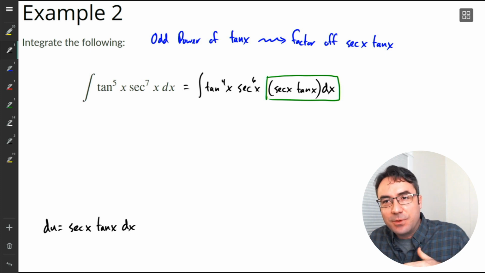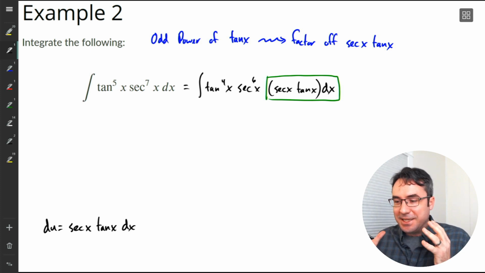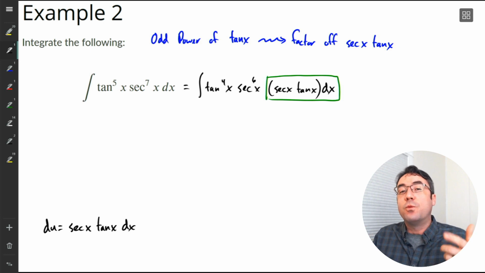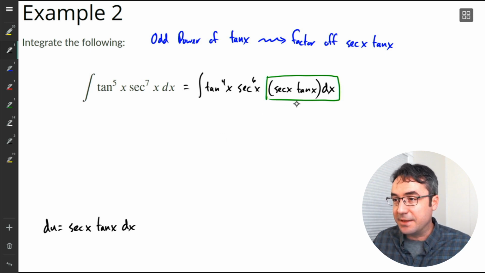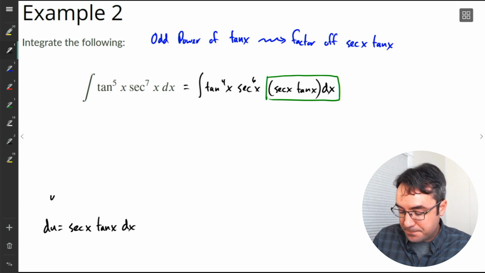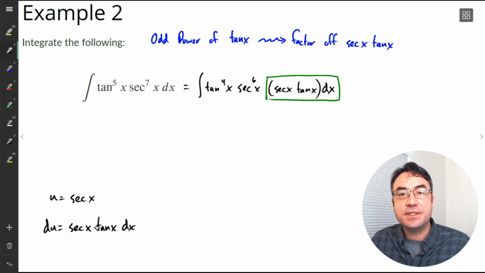So we're starting with the differential, saying, all right, this is what we have to work with. What choice for u can we make in order to make things match nicely? This is going to be our differential, secant times tangent dx. Well, what choice for u is that? Secant. Derivative of secant is secant times tangent.